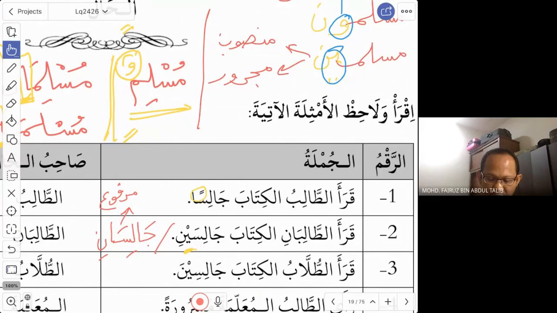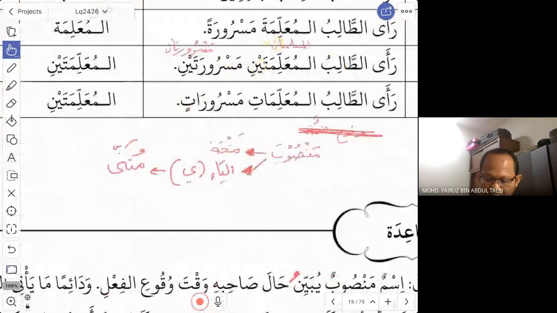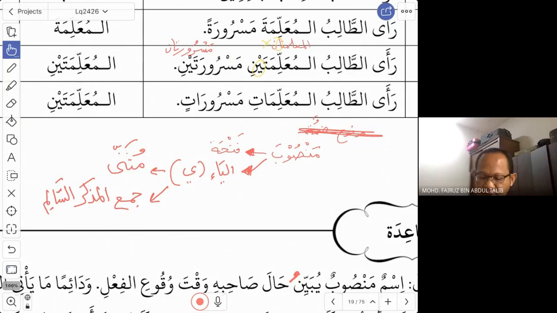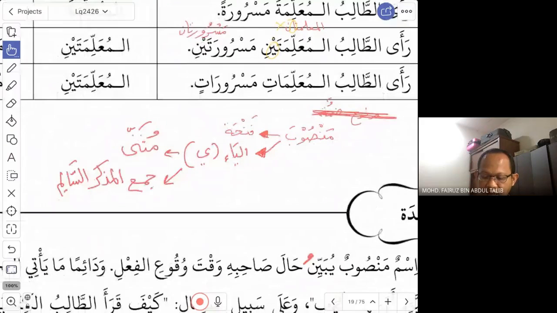So we can just add another arrow. We say ya mansub using the letter ya. This is used when the word is jama' al-muzakkar as-salim. Okay, so now you have another reason why you should use ya, when it is in the form of jama' muzakkar as-salim.